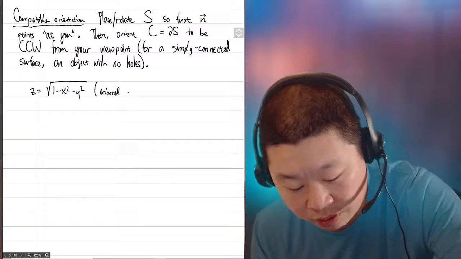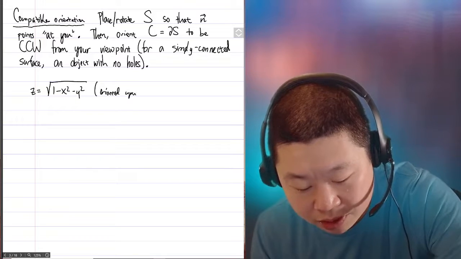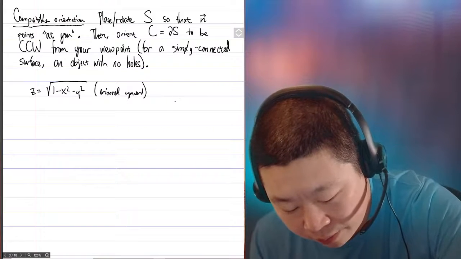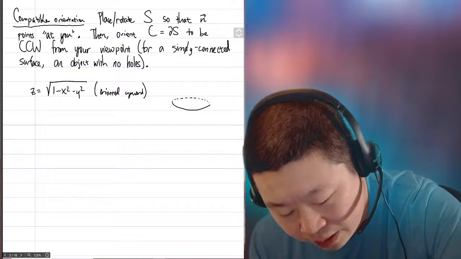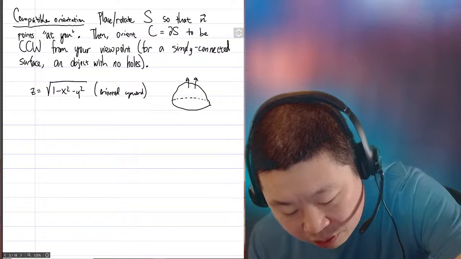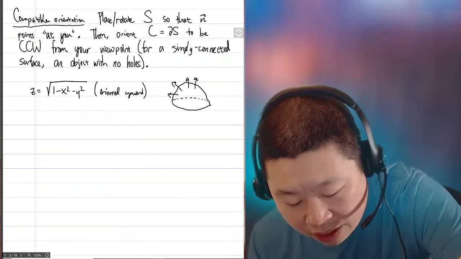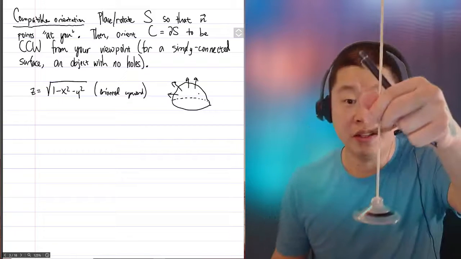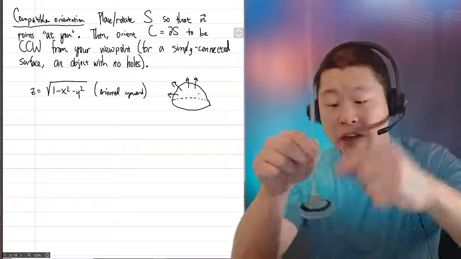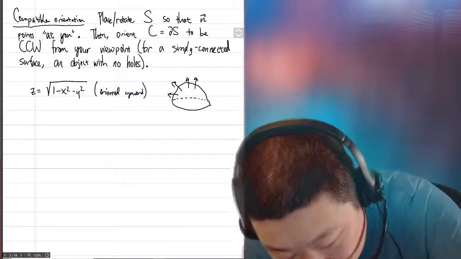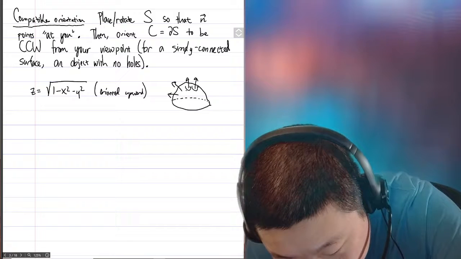We need to specify this is oriented upwards, and then if we draw a quick picture, okay, there's the equator and then there's the top of this, and if this is oriented upwards, that means all the arrows are upwards or outwards, and that means, if we can just imagine this circular thing down at the bottom, that would look like this.